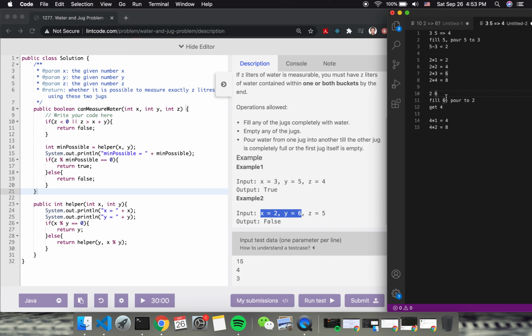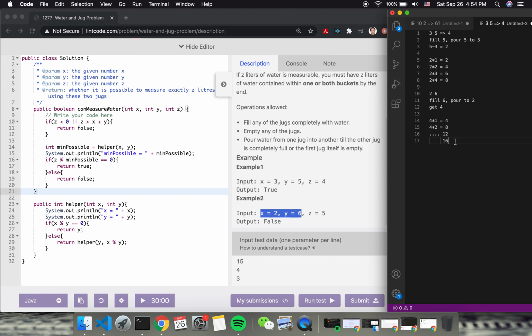So initially we only have 2 and 6, and by repeating this process, you can get multiples of 4. For example, if Z is 4 or 8 or 12 or 16, these are all true.